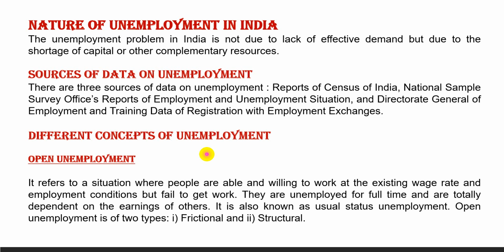What is frictional? Frictional unemployment is the unemployment which occurs due to immobility of labor or imperfections in the labor market. For example, when some sectors of the economy expand and some other sectors contract, then demand for labor in the expanding sector rises, while demand for labor in the contracting sector falls.